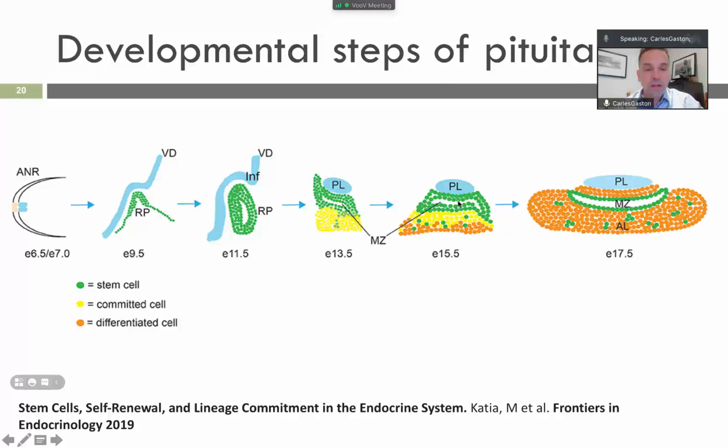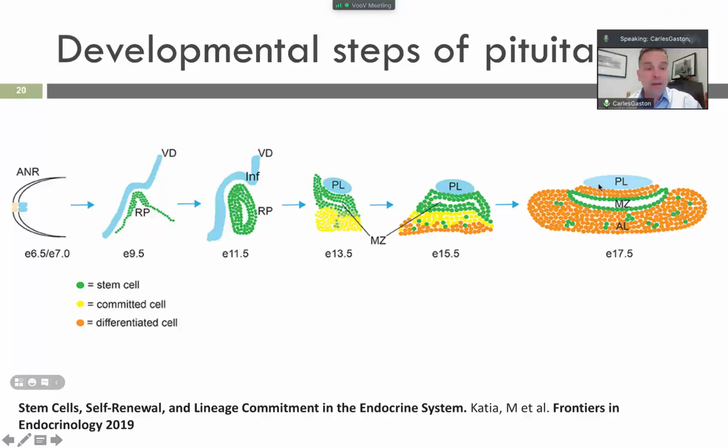And you can see here the posterior lobe, the marginal zone, which is the stem cell niche, and the cells start differentiating and forming the growth hormone producing cells, which you have here in orange. The future pituitary gland at birth contains the three lobes. The posterior, remember, contains the axons, with the intermediate lobe, the marginal zone that contains the stem cell population of the pituitary gland, and the terminally differentiated cells, which contain the hormones.